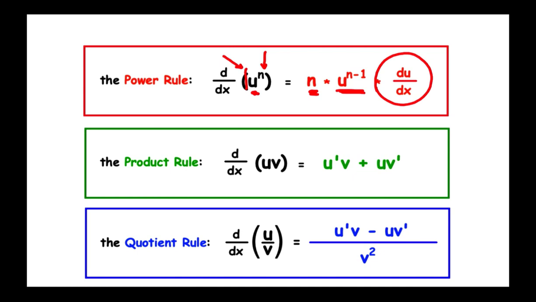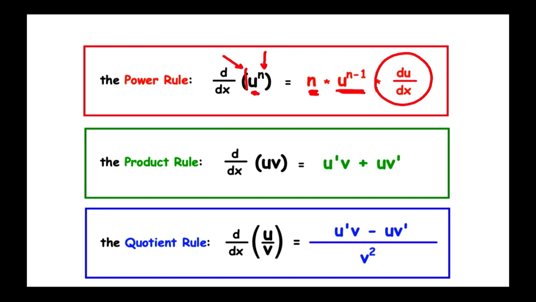I can't think of 2 letters in the alphabet that look more similar than those. So I try to make my u's extra curly and my v's extra pointy, so I'm not confused. But if u and v both have variables in them, if they both have x's or y's, you have to use the product rule. And what you do is you go u prime times v plus u times v prime.